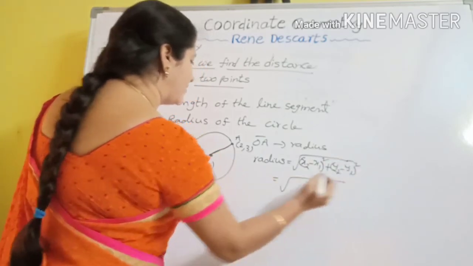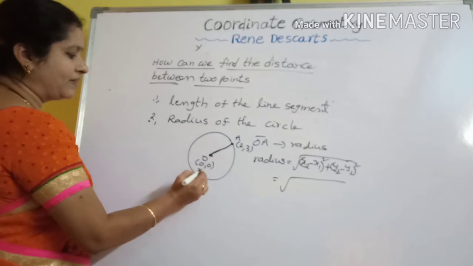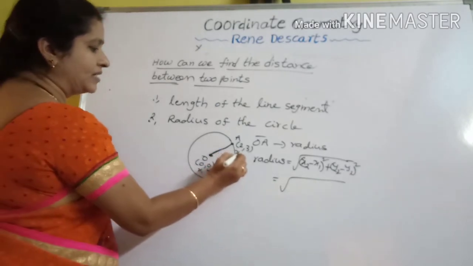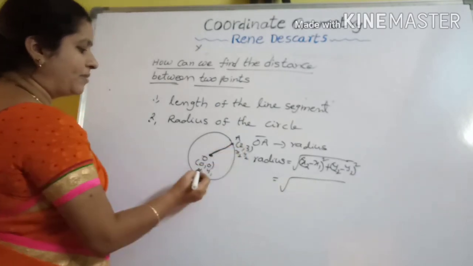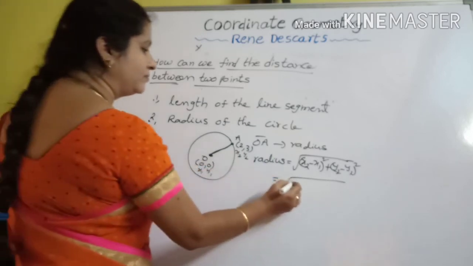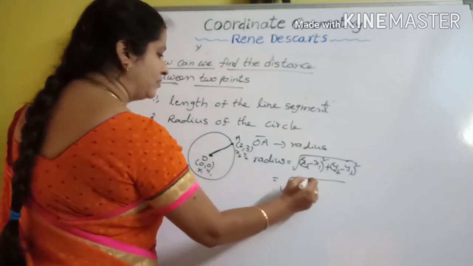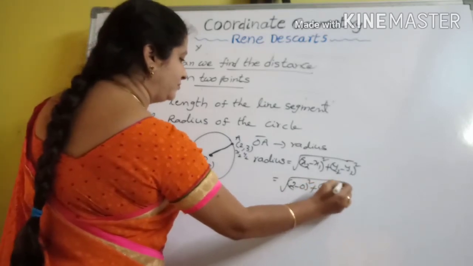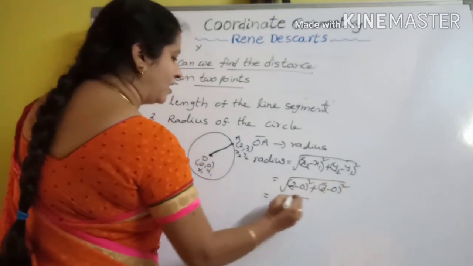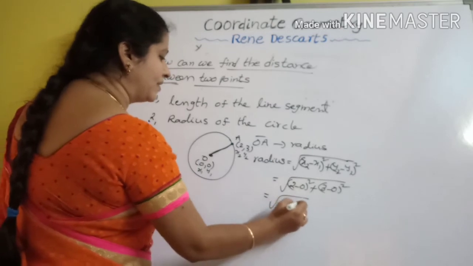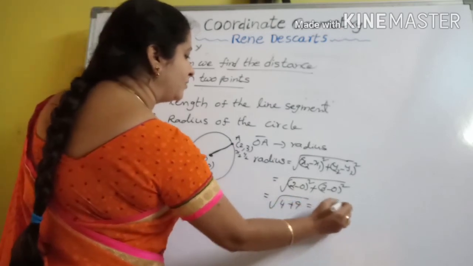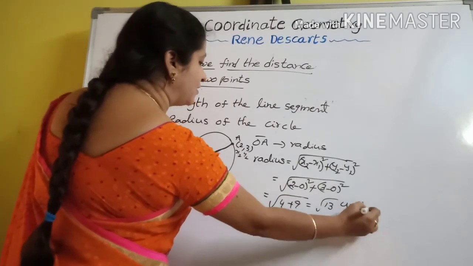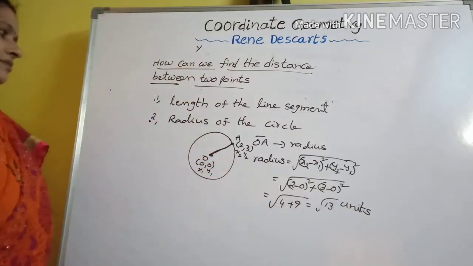It is x1 y1, it is x2 y2. So (2 minus 0) whole square plus (3 minus 0) whole square. So square root of 2 square 4, 3 square 9. So root 13 units. So the radius here is root 13 units.